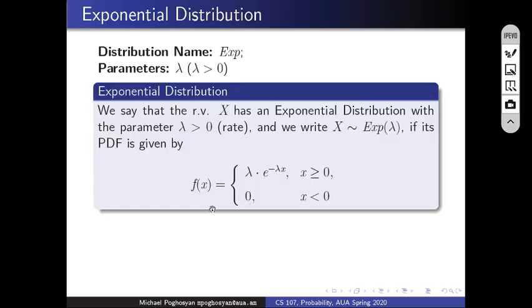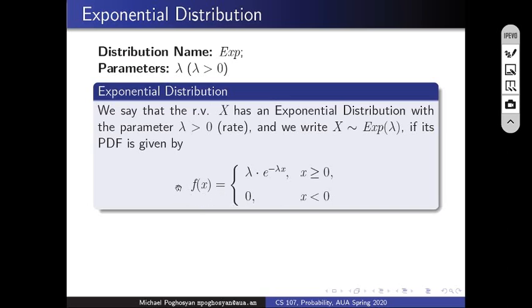Exponential distribution is defined in the following way. The name is exponential, exp, and it has one parameter, lambda. Lambda is called again a rate. Lambda is positive. And we will say that x is an exponentially distributed random variable with parameter lambda, and we will write x is exponential with parameter lambda, if its PDF is given by this formula.